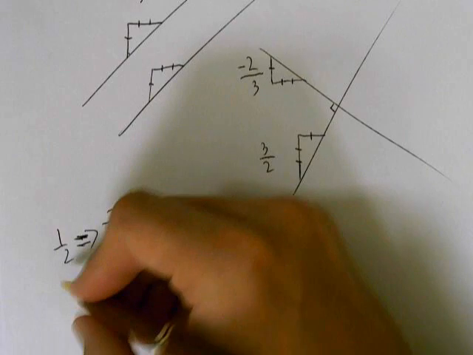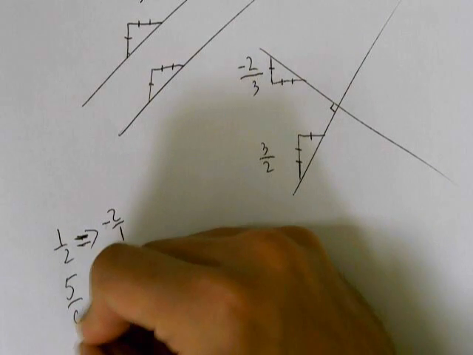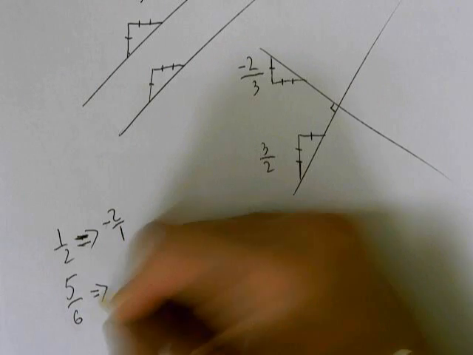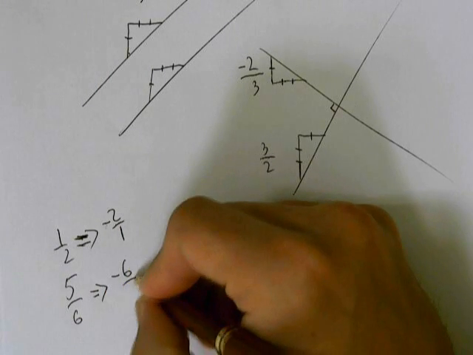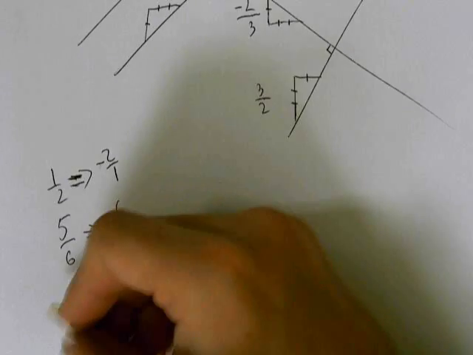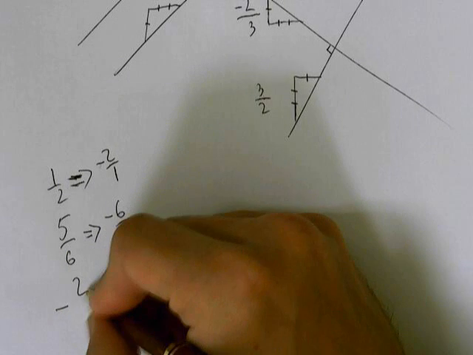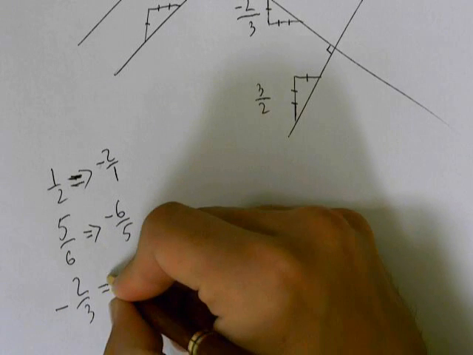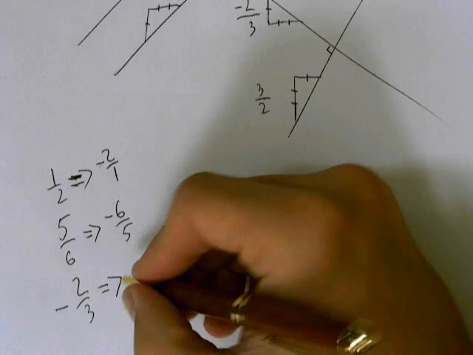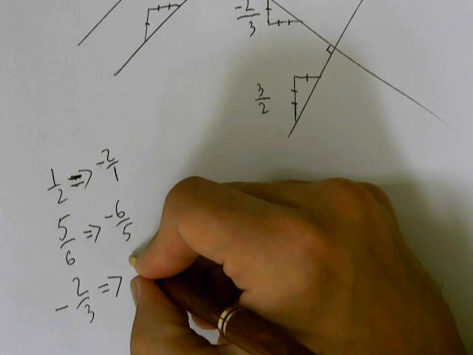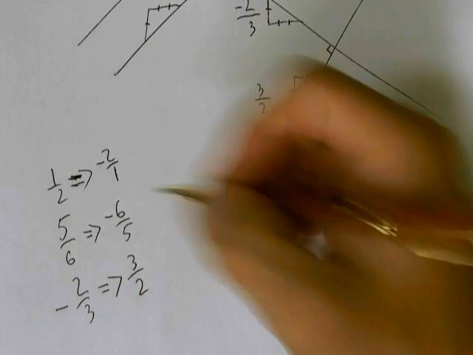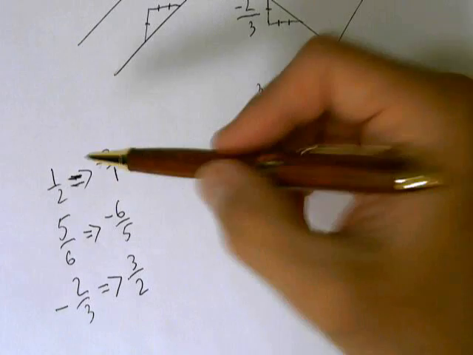If I start out with 5/6, the perpendicular would be -6 over 5. If I start out with -2/3, I'll end up for a perpendicular with +3 over 2. So you can kind of see what's going on here.